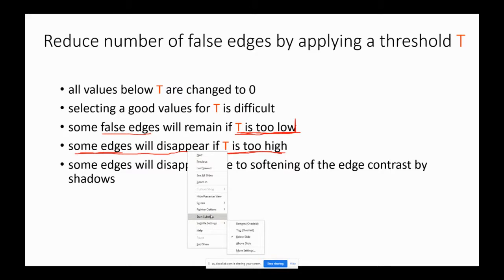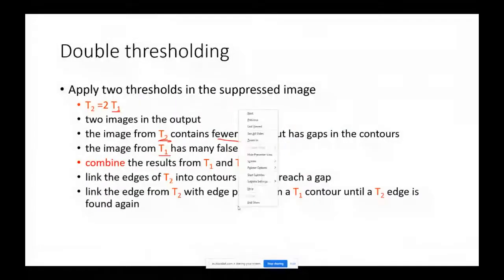So what do we do? That's very simple. I basically fiddle around with these two thresholds. I have one threshold T1, that's a low threshold, and I get a threshold T2 with a higher value, basically twice T1.